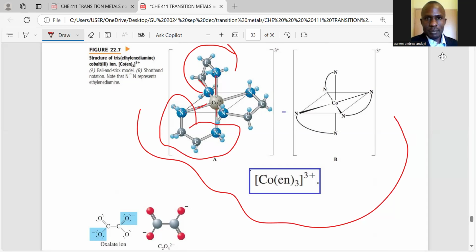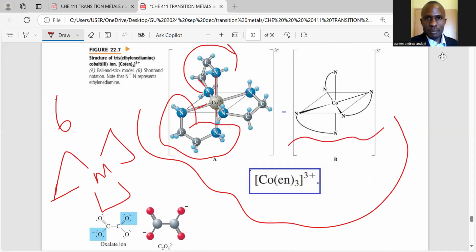So instead of using 6 ligands like in ammonia, I'll only use 3 ligands. With ammonia I needed 6, but now I have a ligand that is giving 2 at a go, so I need only 3 to go to my metal. The abbreviation for ethylene diamine is EN.